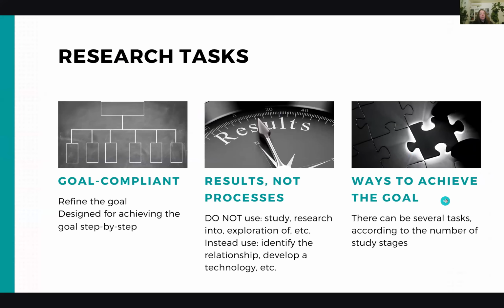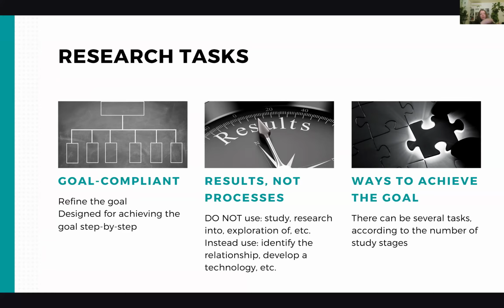When it comes to research tasks, they work under the goal, so they are directed toward achieving your goal. So they should be goal compliant. They can refine the goal, and they should be designed to achieve your goal step by step.